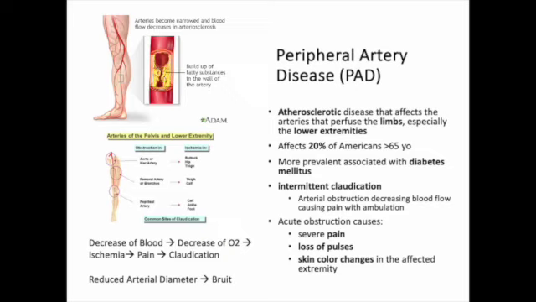Lower extremity ischemia that can result from PAD is due to obstruction, and the obstruction can either be gradual or acute. In most individuals, it's a gradually increasing obstruction that causes arterial blood flow to the legs to be slowed down or obstructed, and it's due to atherosclerosis in the iliofemoral vessels.